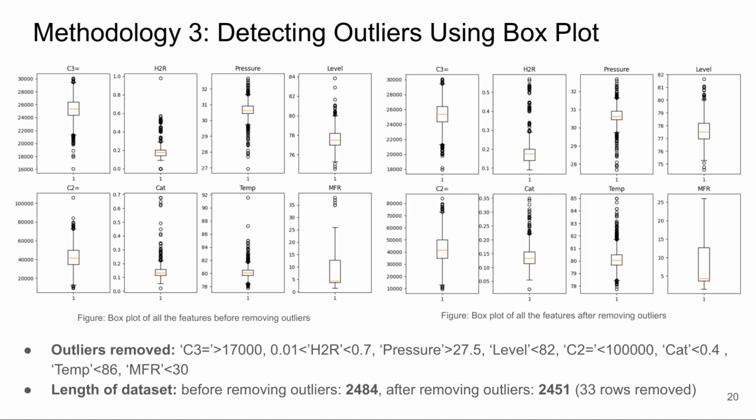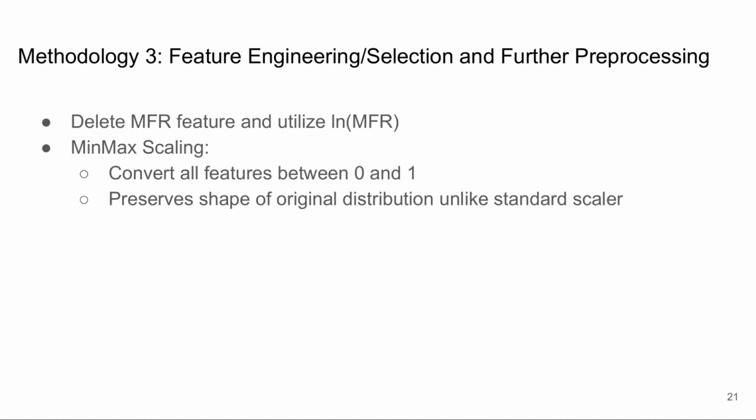So a further 33 rows of data have been removed. The figure on the right shows the box plot of each feature after removing the outliers, and we can observe that the dataset is represented better after the removal of the outliers. So moving on to the next slide.